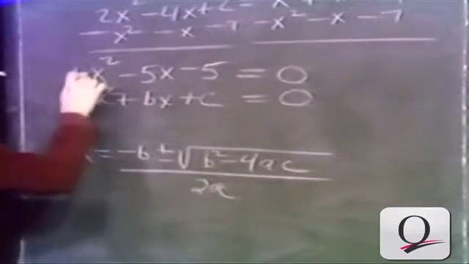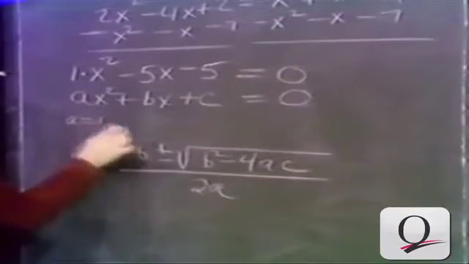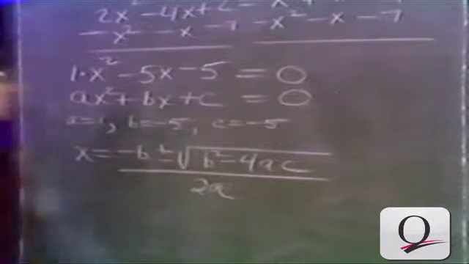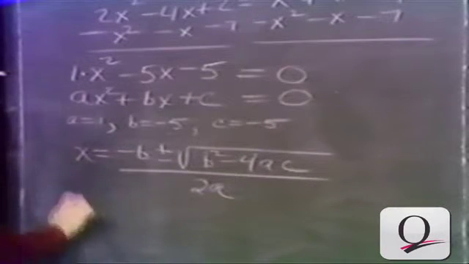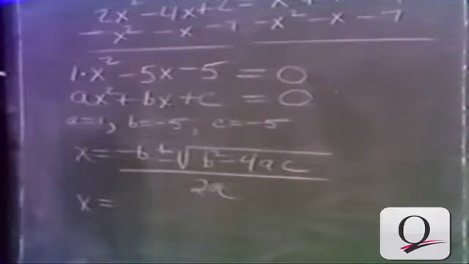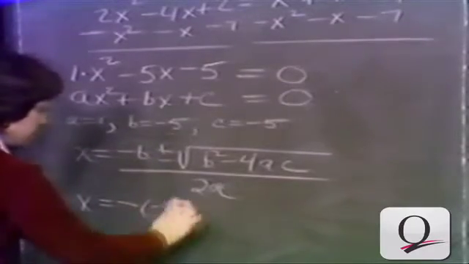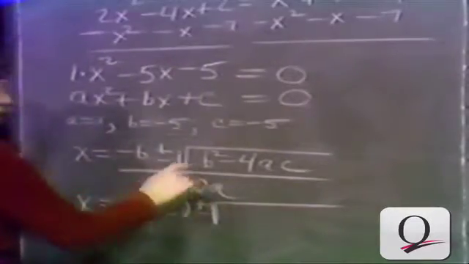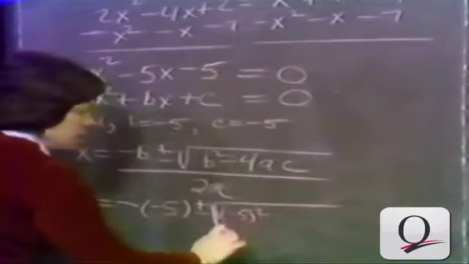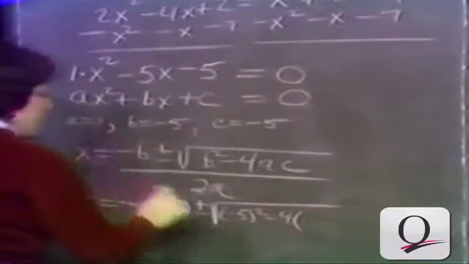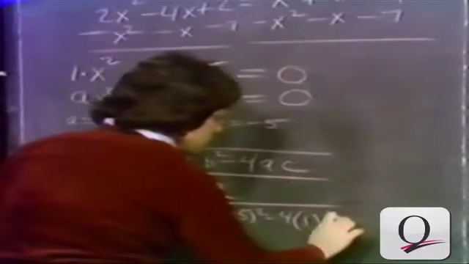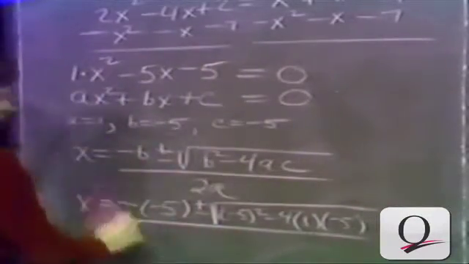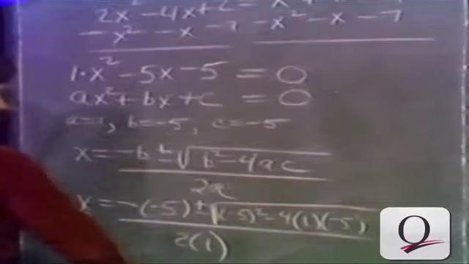Okay, we see that a is equal to 1, b is equal to minus 5, and c is equal to minus 5. x equals minus b, minus or minus 5, plus or minus the square root of b squared, minus 5 squared, minus 4 times a, which is 1, times c, which is minus 5, over 2a, that is 2 times 1.